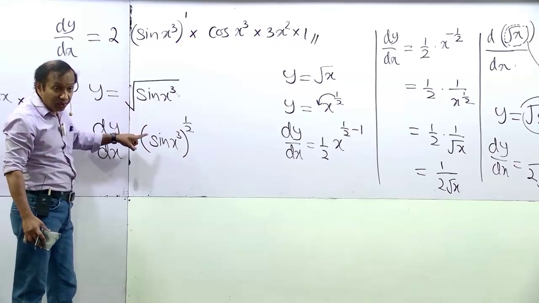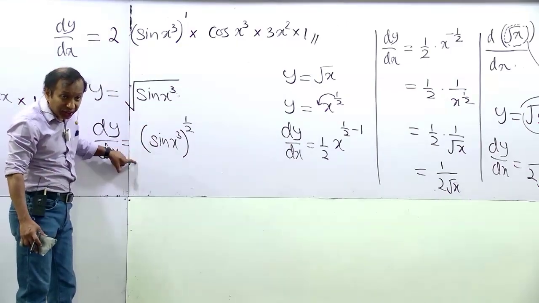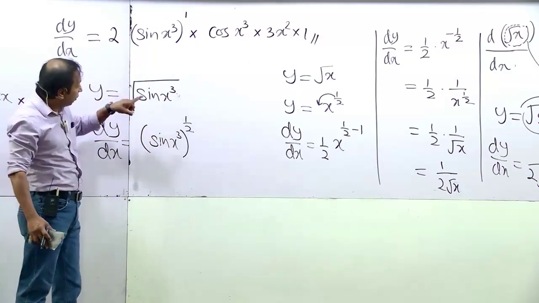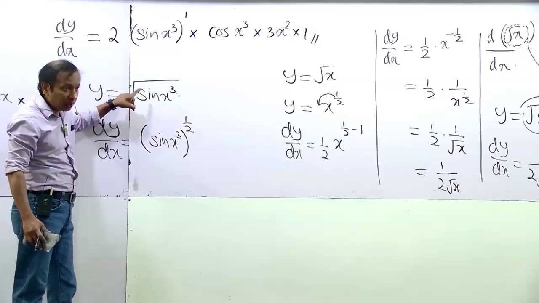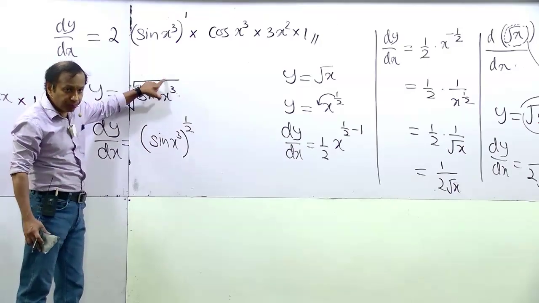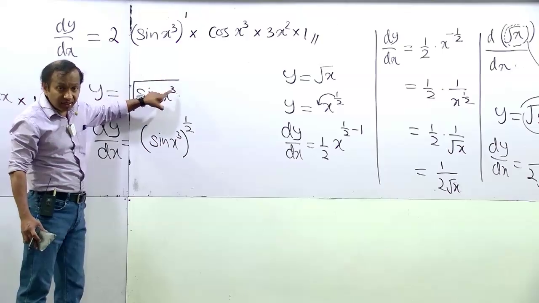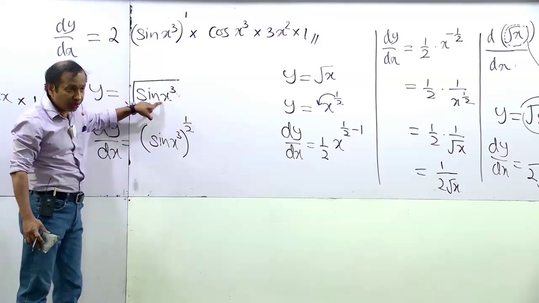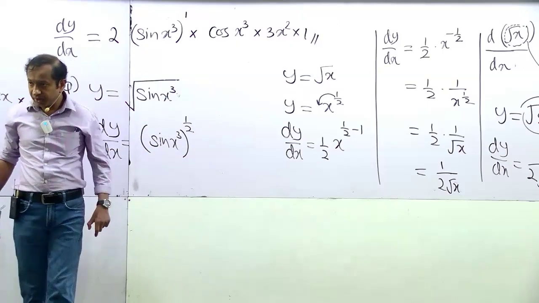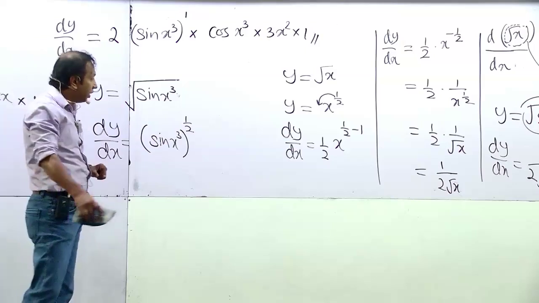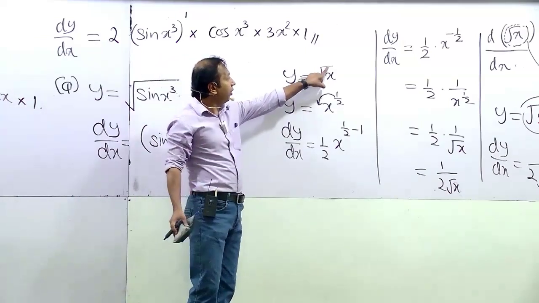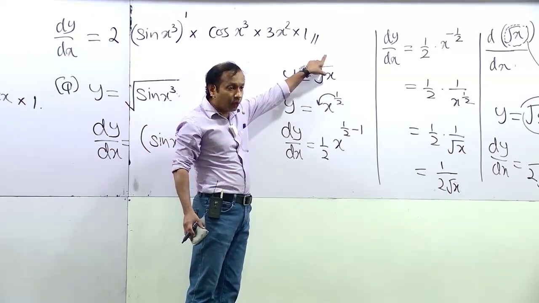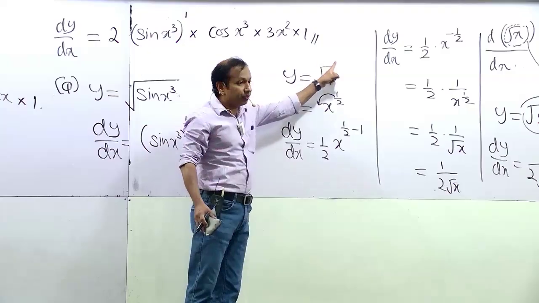Tell me what do you get? 1 over 2 times the same thing. First one. Then go to sine. What is the derivative of sine? Cos x cube. Next, x to the power 3. What is the derivative? 3x squared. Finally, derivative of x is 1. Understand? That's how we do. Therefore, remember hereinafter, when we differentiate this root, what is the answer? 1 over 2 times the same thing.